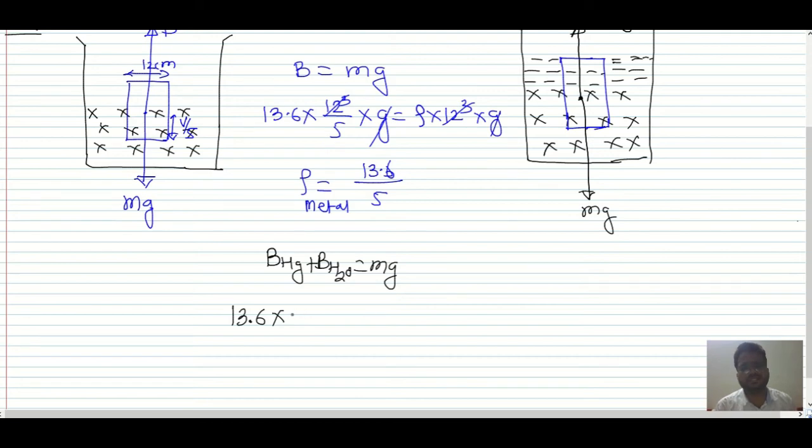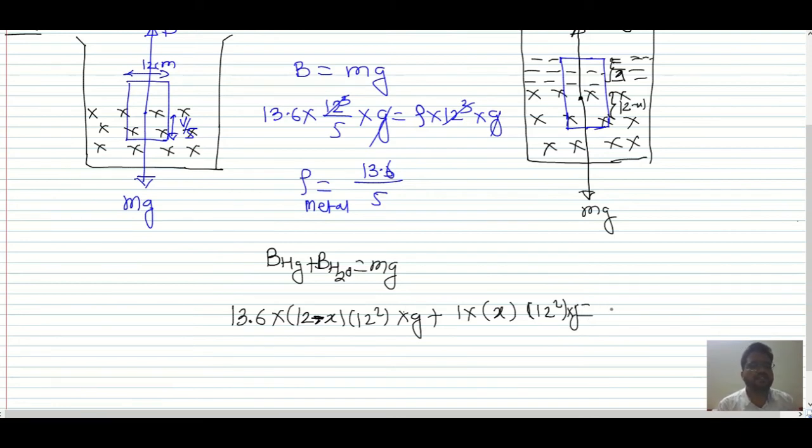Let us consider that is 12 minus x, है ना, 12 minus x. ये x अगर कंसिडर किया तो ये 12 minus x हो जाएगा. 12 minus x into 12 squared into g plus the buoyant force in water is 1 into x into 12 squared into g is equal to mass, density of the metal we have into volume we have is 12 cube into g.